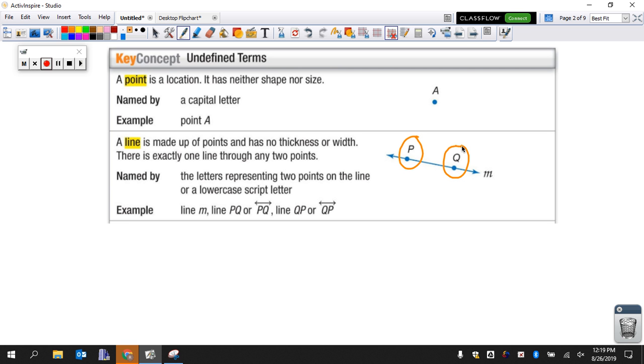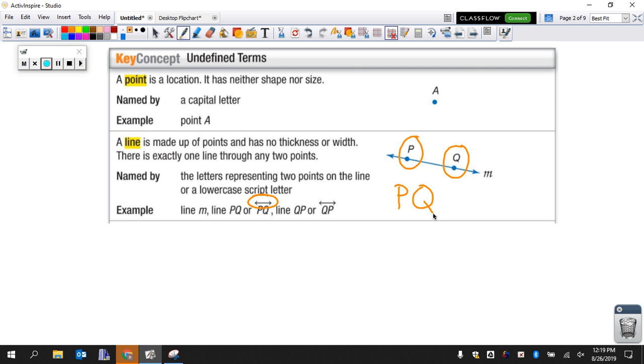In our way of doing things on the computer, we can't put the little line above the two letters. So if you want to just type in PQ, I will know what you mean.